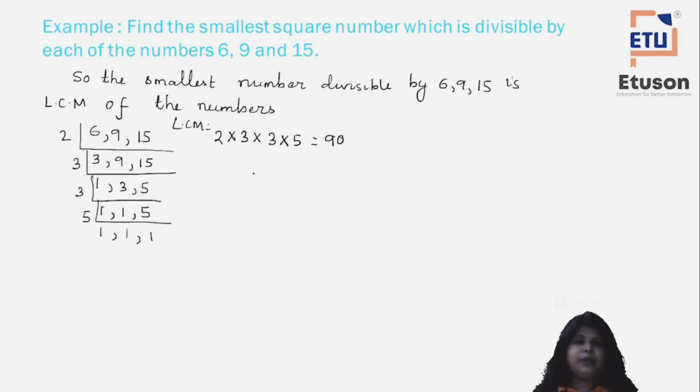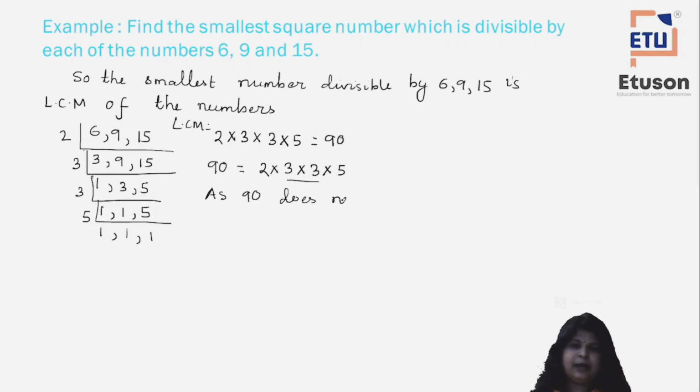Correct? So now, is 90 a perfect square? 90 is equal to 2 into 3 into 3 into 5. Just check if it is a perfect square or not. It is not, as 90 does not have a pair for 2 and 5.